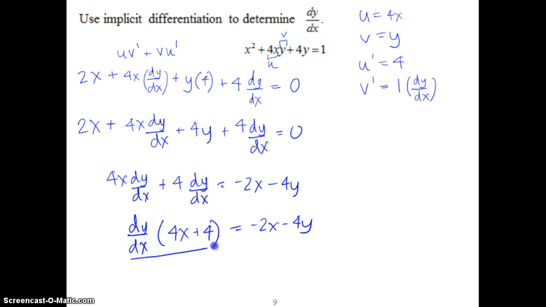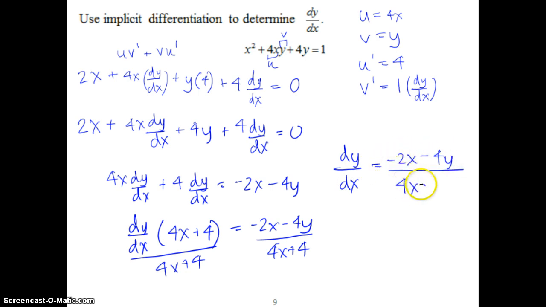Now if we divide both sides by 4x plus 4, we get dy dx equals negative 2x minus 4y over 4x plus 4. So that is the derivative of y with respect to x in this particular equation.